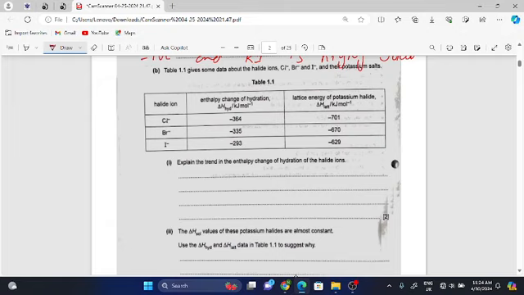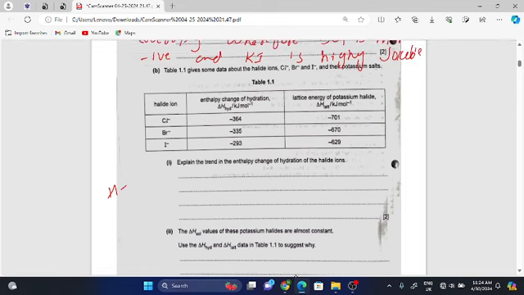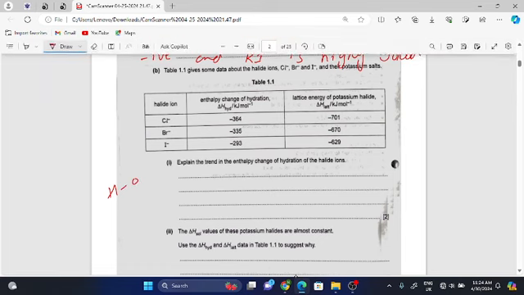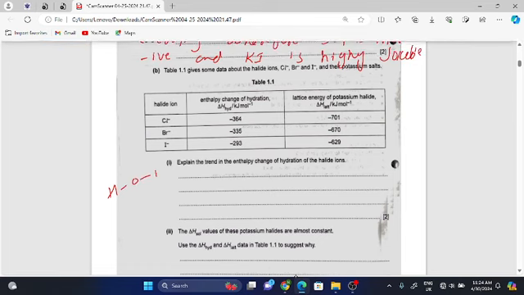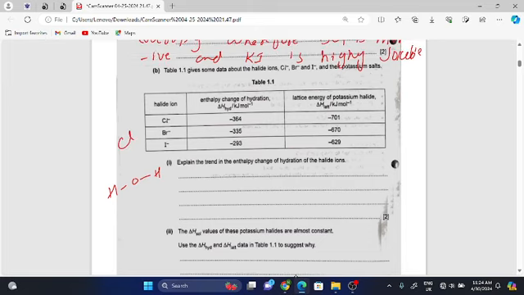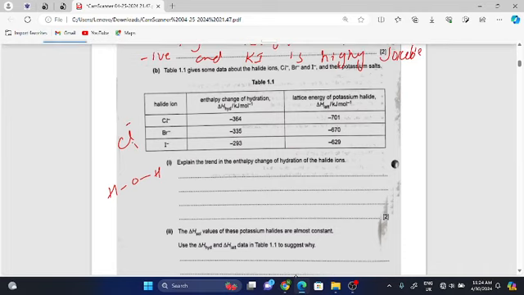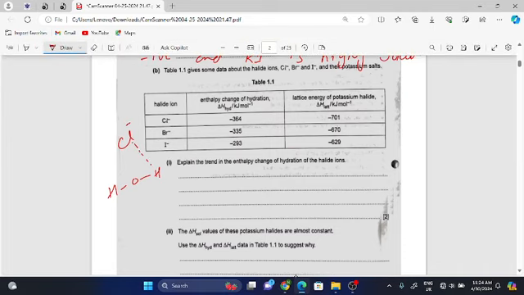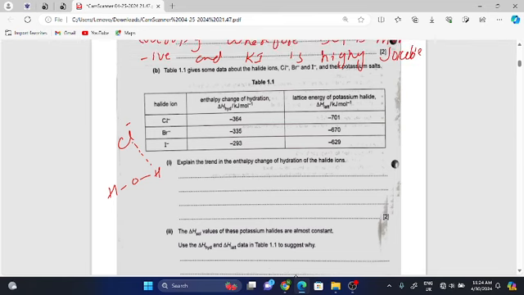Polar means the water molecule, with hydrogen, then oxygen, and then hydrogen. So if we are talking about enthalpy change of hydration, then it is the forces of attraction between the chloride ion and water, the polar one. These forces of attraction are known as hydration energy.